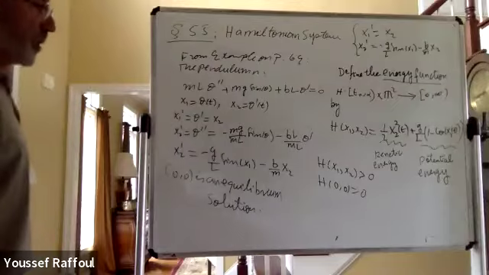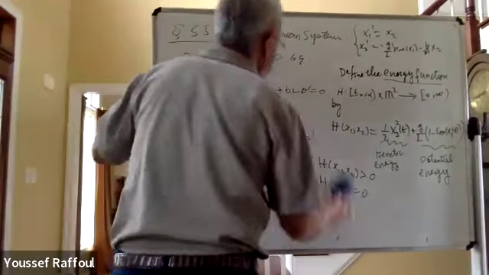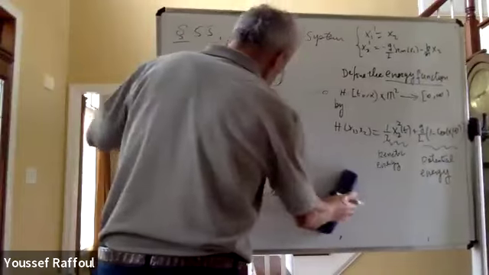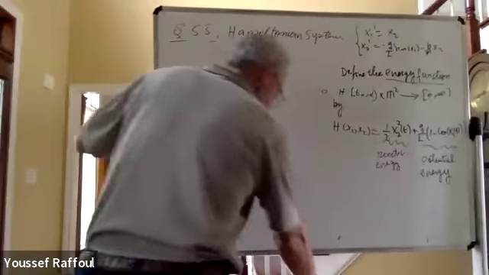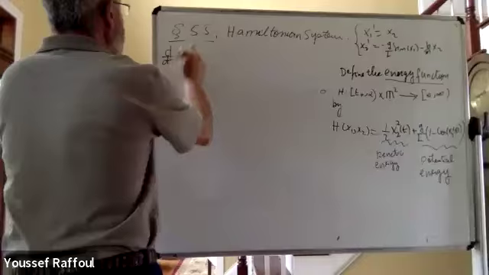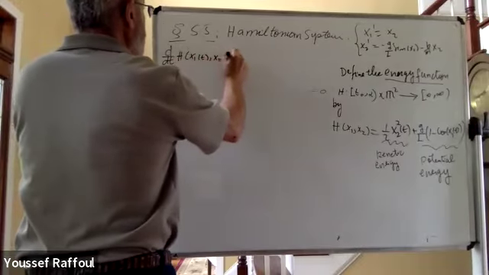Now, so this is H. Let's compute d over dt of H of x1 of t, x2 of t.